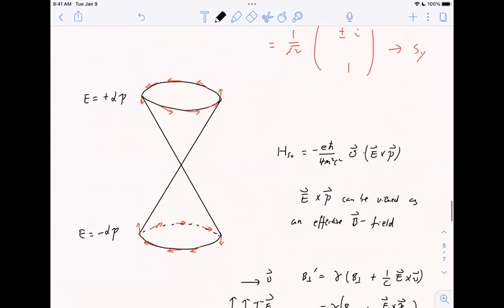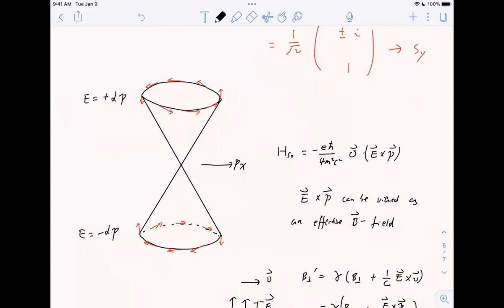Okay, so now you can understand. I am pointing in the x direction. The spin in the positive y and negative y, spin up and spin down in the y direction, will give me plus E and minus E. And that particular gap is proportional to the momentum.